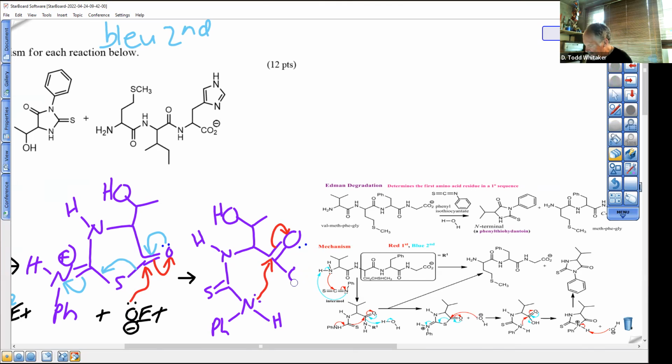I'll even put it in black, easier to keep track of. That's what it came from, OEt, and it got hoofed off right now. So OEt minus is a catalyst, isn't it? Until we need it as a base, which is very soon.